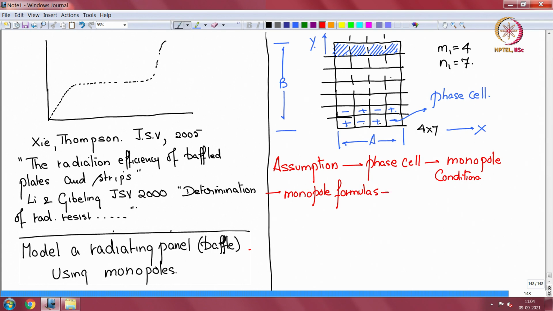And once you use monopole formulas, it's more of a summation than an integral.